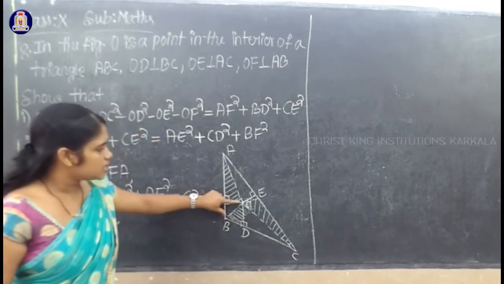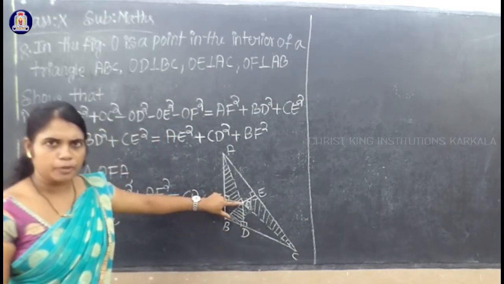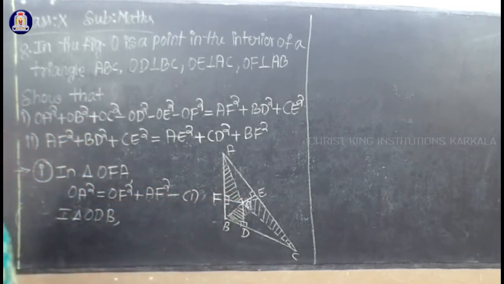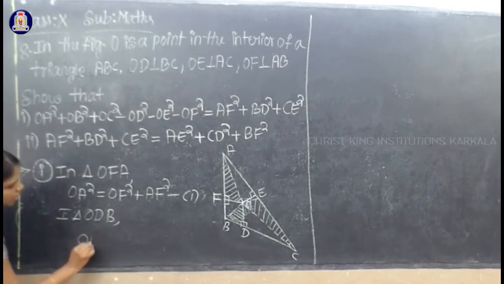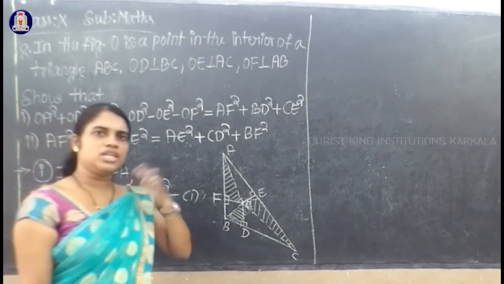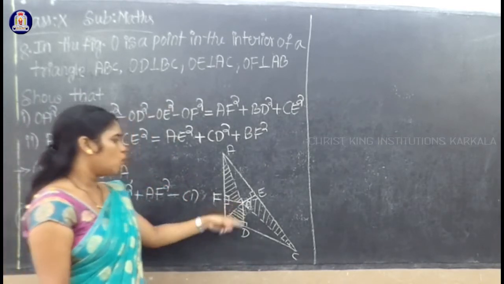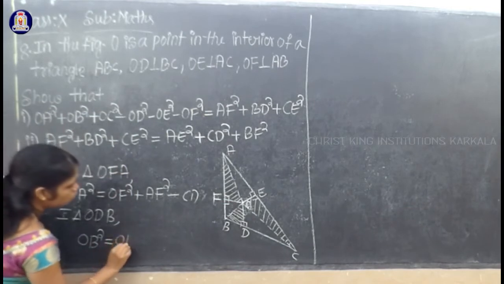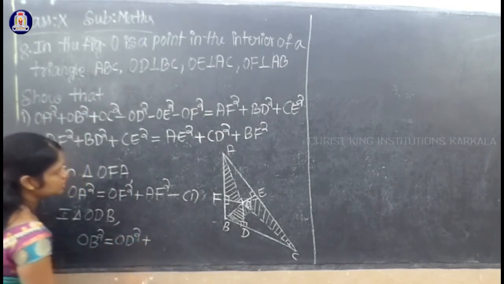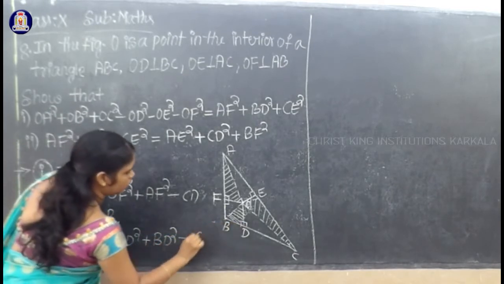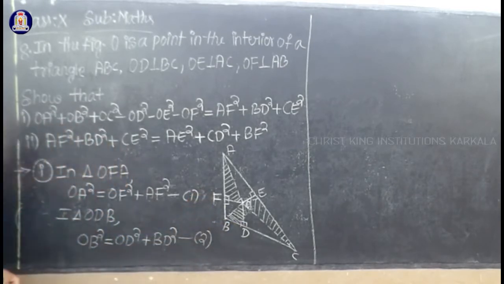So the side OB is your hypotenuse. The square on this side OB is given by OB square equal to the sum of the squares on the other two sides. Which are the other two sides? OD square plus BD square. I will consider it as equation number 2.